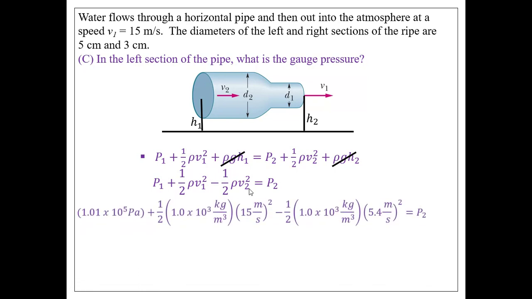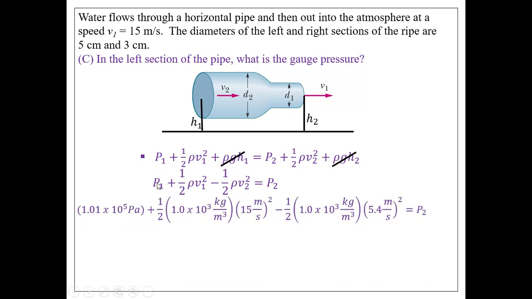Okay, so I'm just going to go ahead and plug and chug. What's P1? The atmospheric pressure in units of Pascal is 1.01 times 10 to the 5th Pascal, plus 1/2 times the density of water, which is a constant. If you don't know this, you can Google it or hopefully just write this down. The density of water is 1.0 times 10 to the 3rd kilograms per meter cubed. Notice the unit here is kilograms per meter cubed.